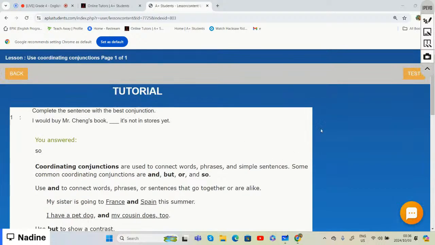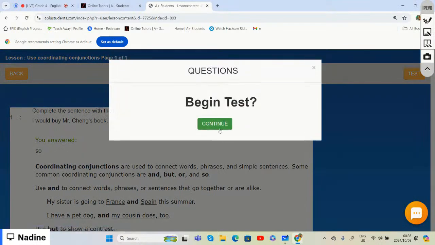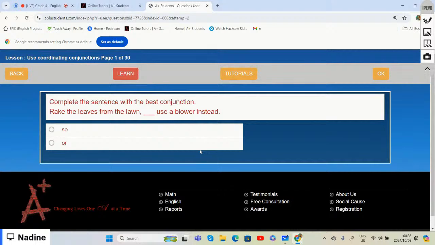All right, let's go to our test. So here we know about the test, right? We need to choose the coordinating conjunction that will be added to that sentence to show that it is complete.